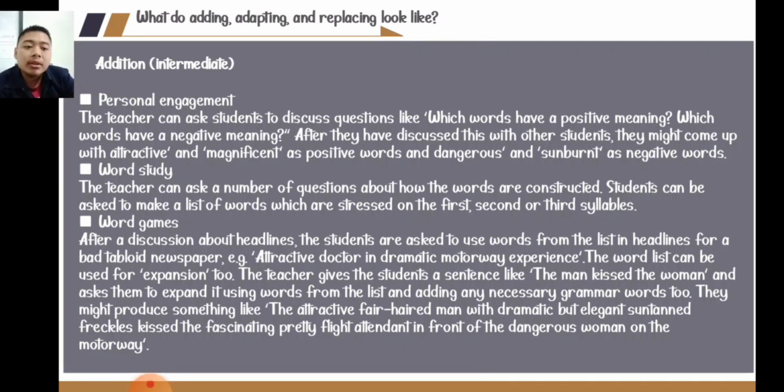Man with dramatic but elegant stains, freckles, which is in the word list. Kiss the fascinating pretty flight attendant. Flight attendant is in the word list, in front of the generous woman on the motorway. Just that. So the student can add any necessary word from the word list to the headlines.